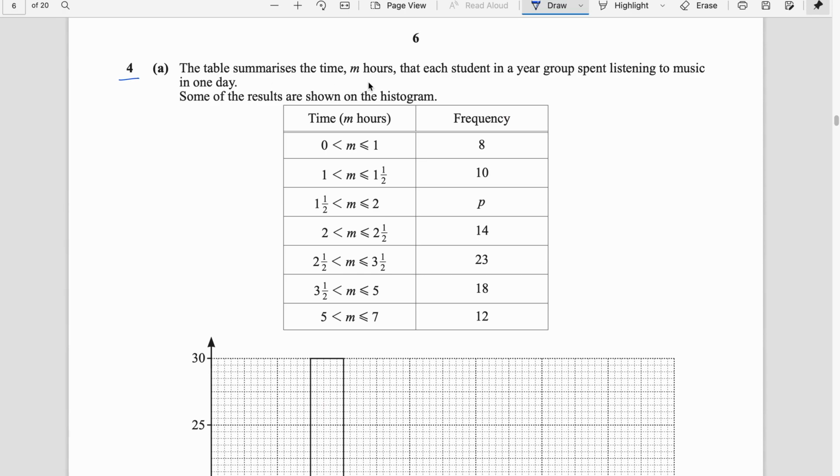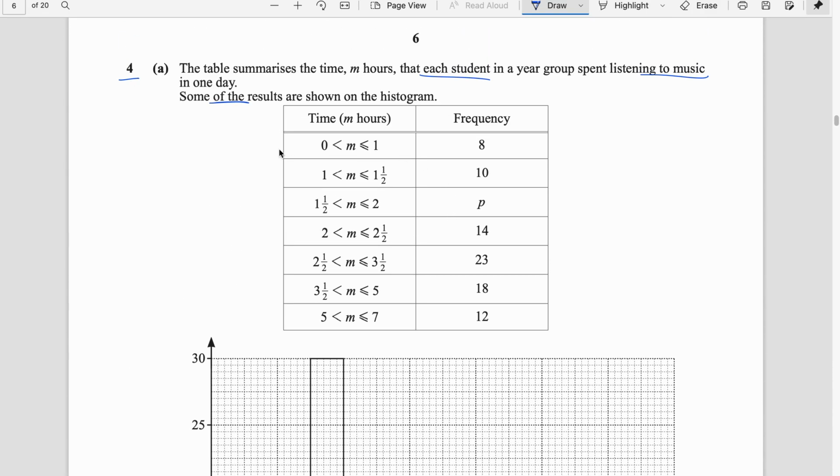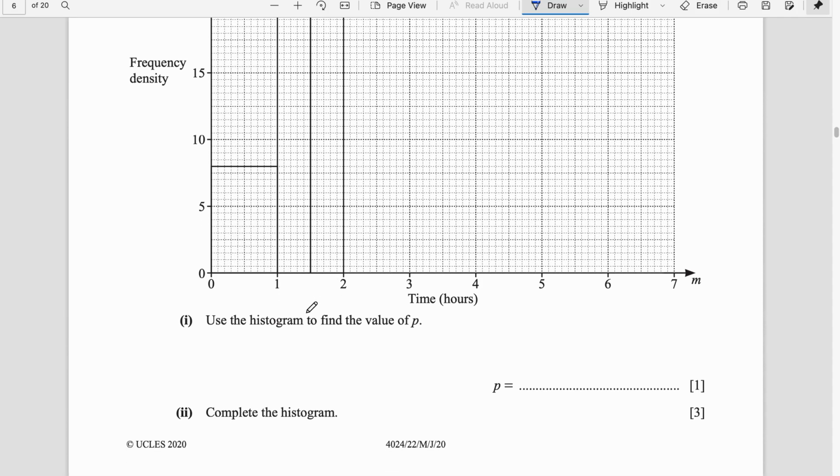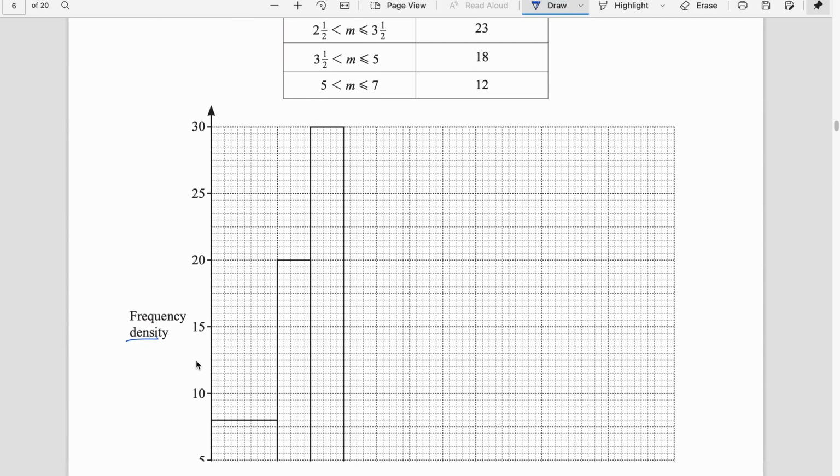The table summarizes the time M hours that each student in a year group spent listening to music in one day. Some of these results are shown on the histogram. So this is the histogram and first 3 bars are drawn. 1, 2, 3, these are done. And the question says use the histogram to find the value of P. So if we see, P basically lies in the third row and it is a frequency density.